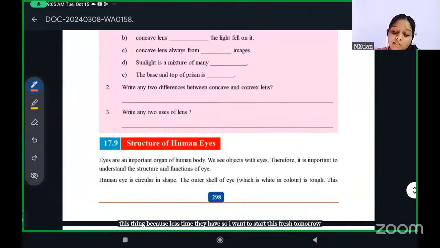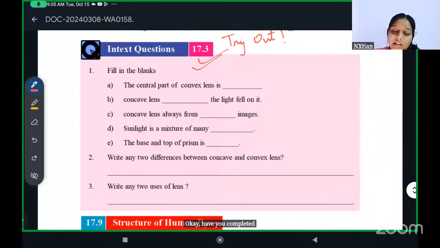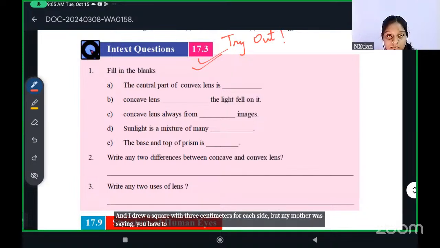Have you completed the quadrilaterals part in math? Any doubts? Ma'am, most of the questions you have already covered in class. I have a doubt. One question said draw a square with an area of 9 centimeters, and I drew a square with 3 centimeters for each side, but my mother said I have to prove it.